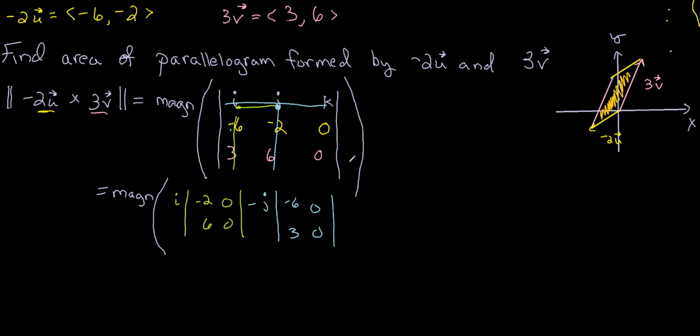And the last one, I'll anchor myself over here. So first row, third column, and now I'm just left with k, determinant of negative 6, negative 2, 3, 6. And close parenthesis on that magnitude calculation that I will not forget.